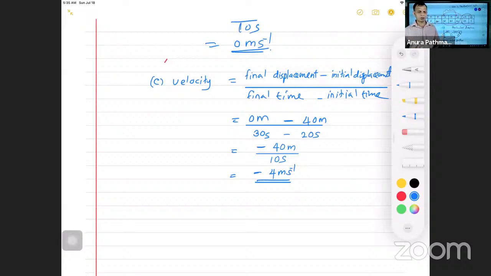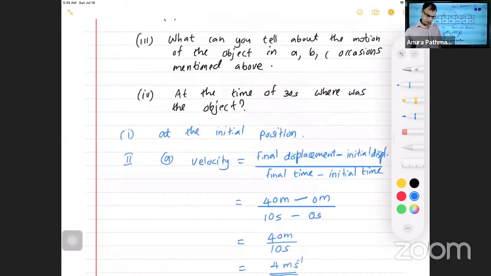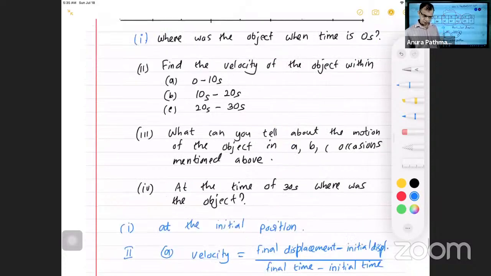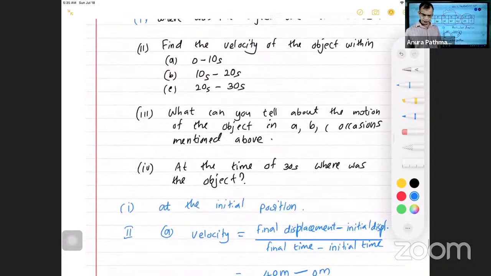Now I'm going to take you to the graphical representation, the displacement time graph. What can you tell about the motion of the object in ABC occasions mentioned above?